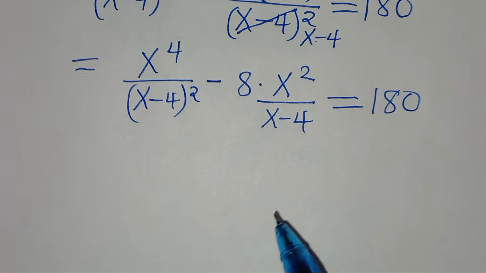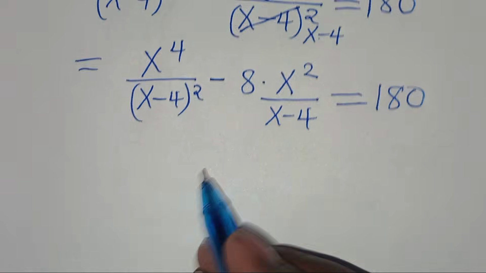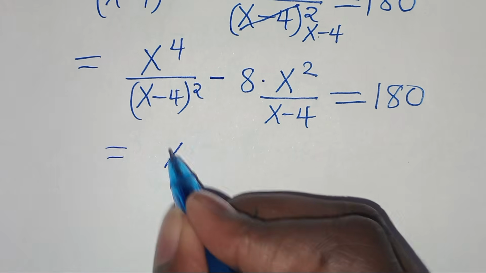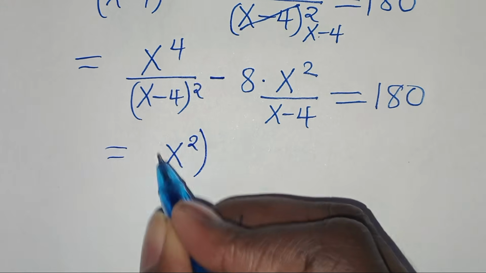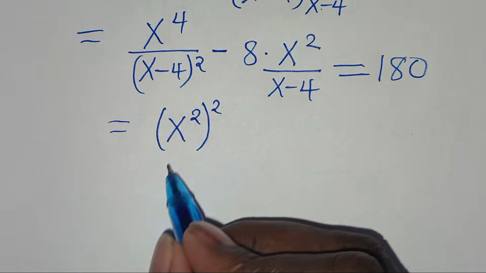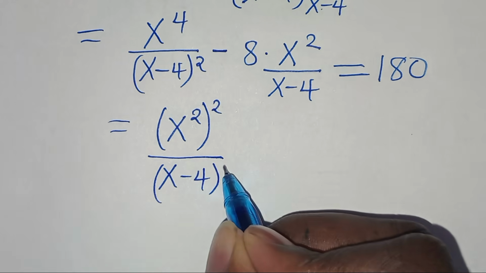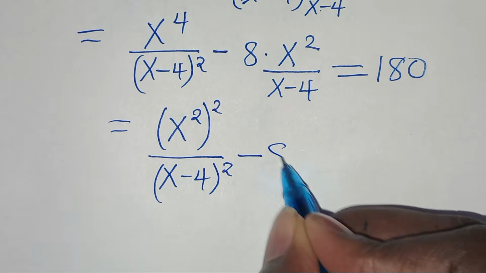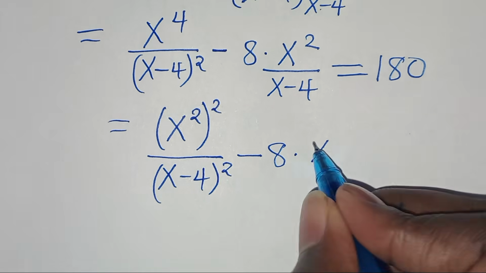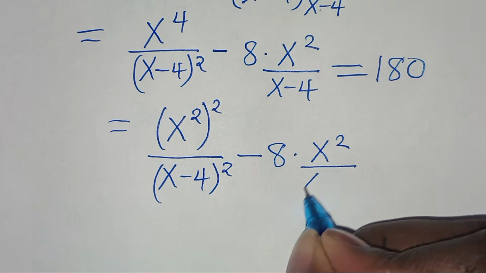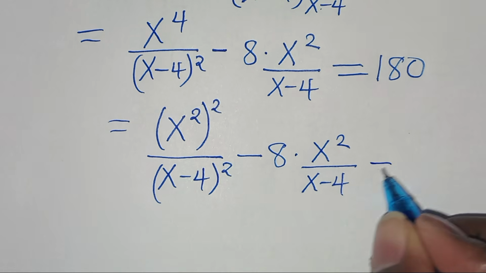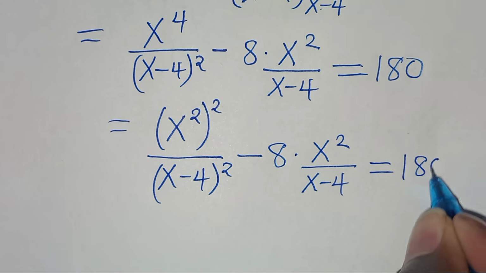The next step is that we can express x to the power of 4 as the same thing as x to the power of 2 raised to the power of 2 here, then divided by (x minus 4) raised to the power of 2, subtract 8 times x to the power of 2 divided by x minus 4. This is equal to 180.